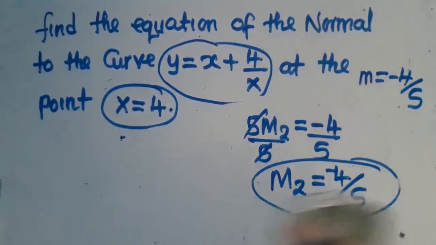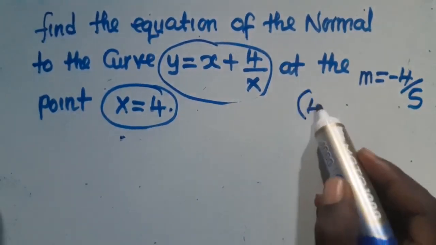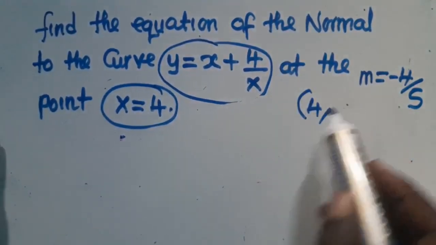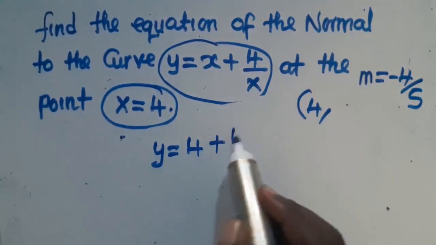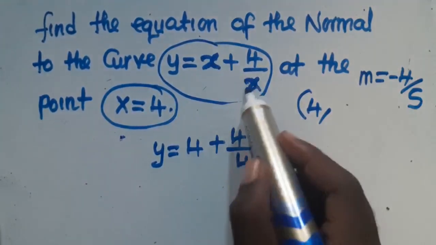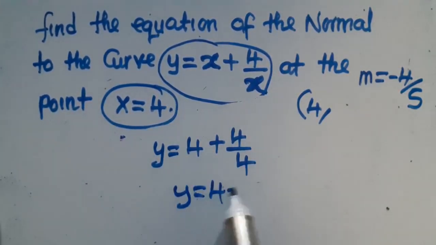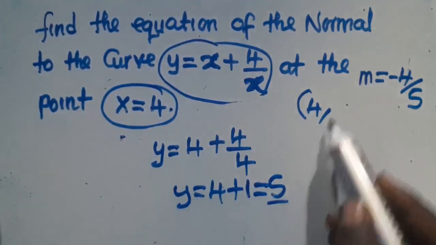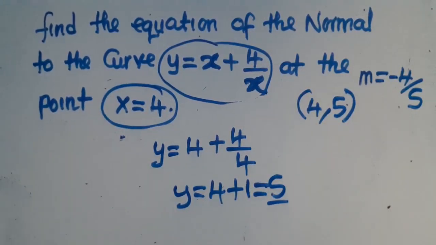I need to find the value for y, since I have x but I don't have the y value. So y is equal to 4 plus 4 over 4. Where there is x, I put 4. So y is equal to 4 plus 4 divided by 4, which is 1. 4 plus 1 is 5. This is the coordinate that I have.